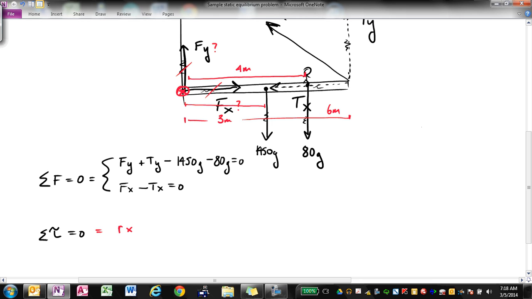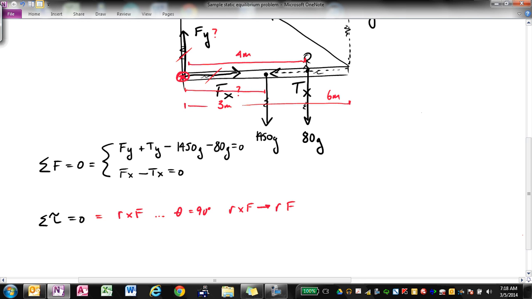So the torques that we have to deal with are going to be, remember we're doing r cross F. All of the angles are equal to 90 degrees, so r cross F just becomes r times F. Okay, so I'm going to choose counterclockwise as positive, which is what the book defaults to.